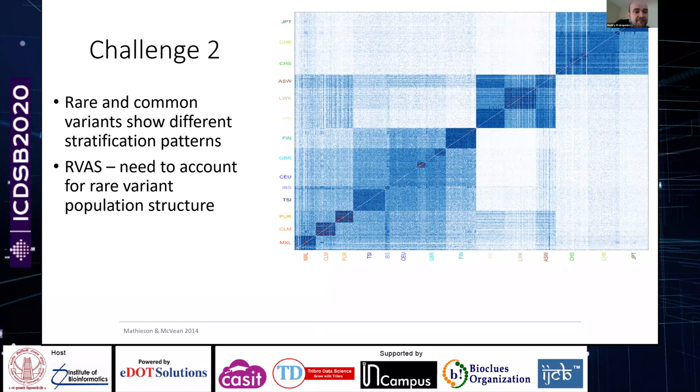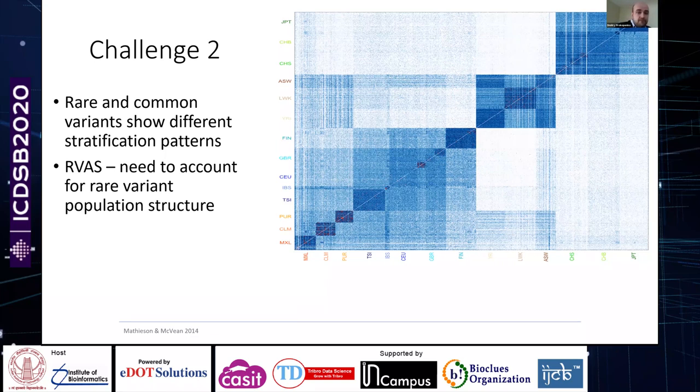As you can see, those variants are present within the same population, within the same supercontinental group, so within the same continent. Basically, rare variants show more recent population structure, but regular methods which are based on the genetic variance-covariance matrix, or the GRM, are not able to capture rare variant population structure.